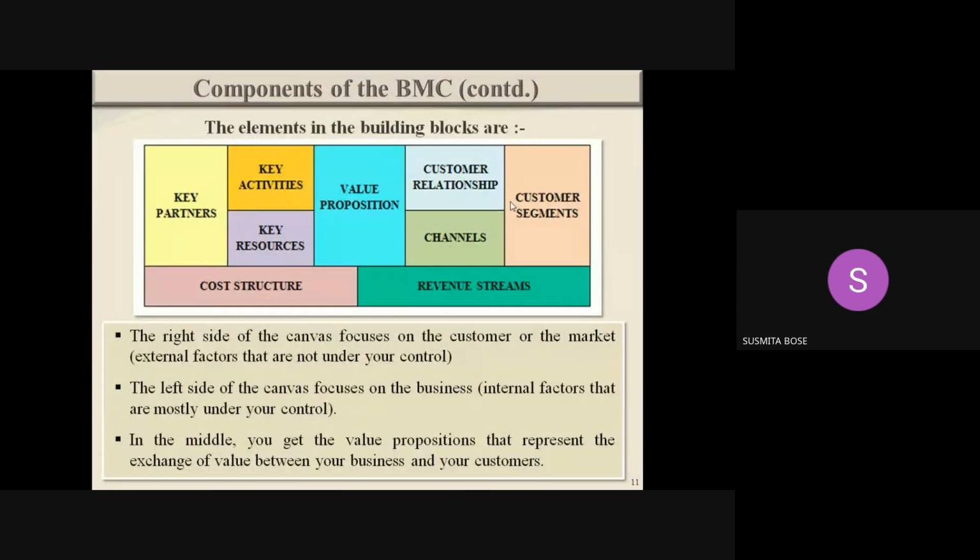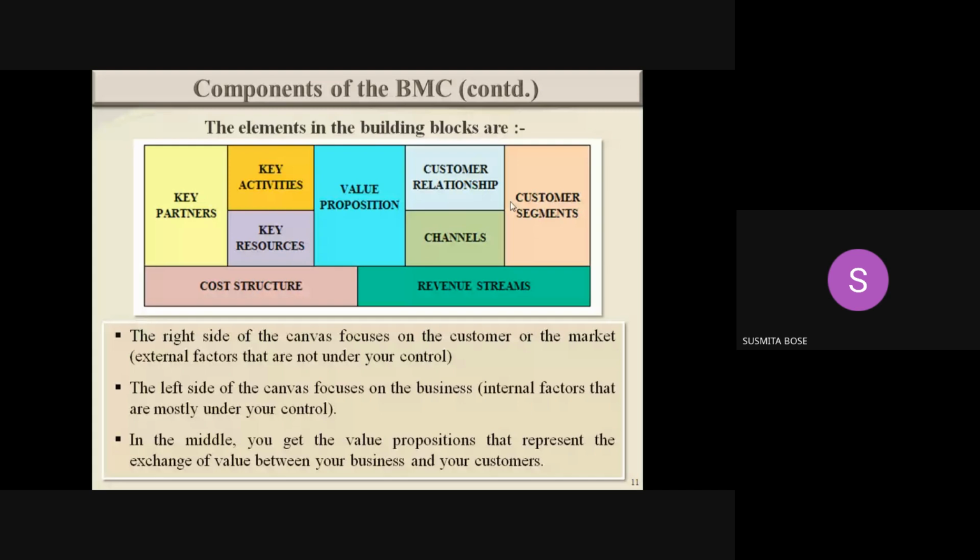So this is the basic structure of the BMC and the 9 building blocks. The right side of the Business Model Canvas focuses on the customer or the market. That is the external factor and not under the control of the business.